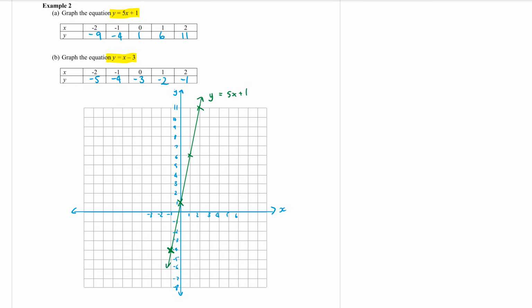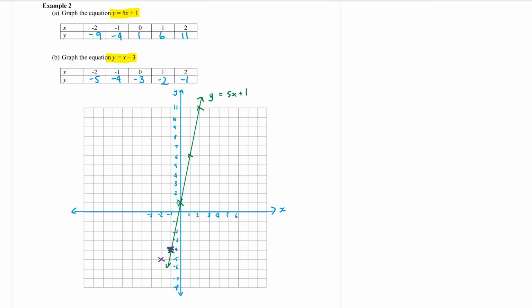Okay, I'm going to do my second graph in purple, y equals x take away 3. My first point is minus 2 down to minus 5 down here. Then minus 1, minus 4, oh, that's exactly the same point as I had last time.